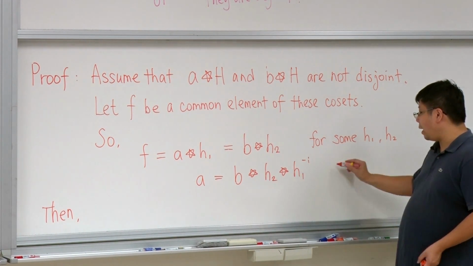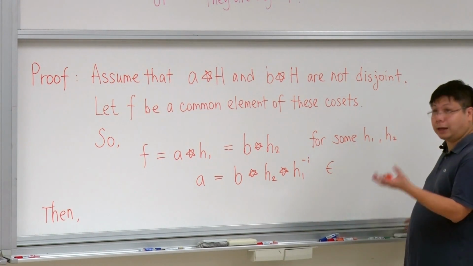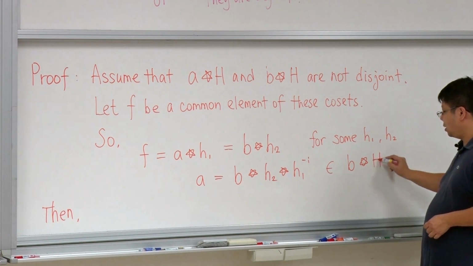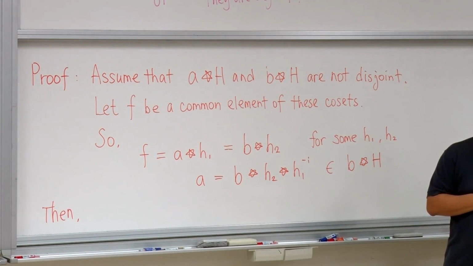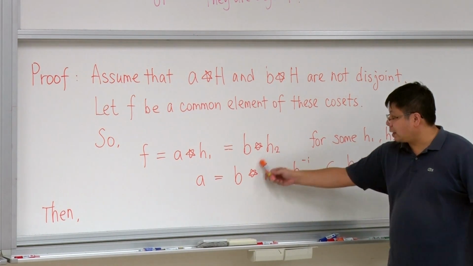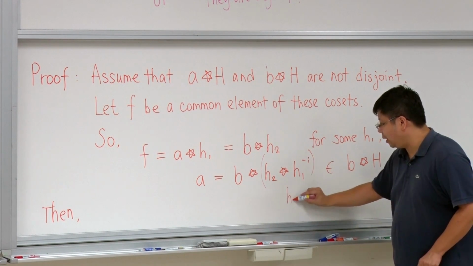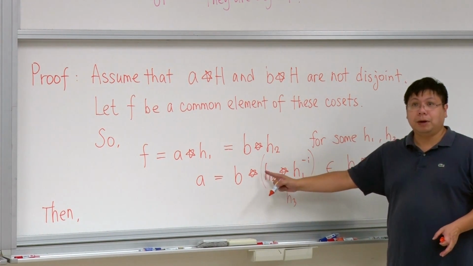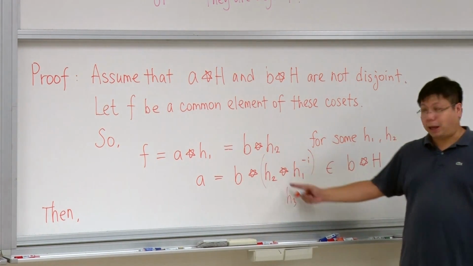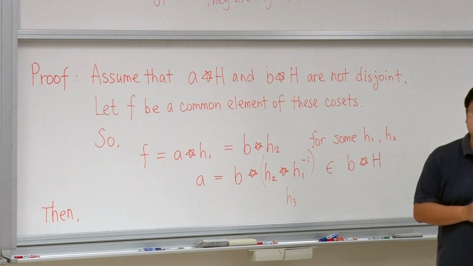So actually we have A is an element in the coset of B star H, because there is B multiplying some element of H. You can think of this as some H3. A can be expressed as B multiplied with some H3. So A itself is in the coset B.